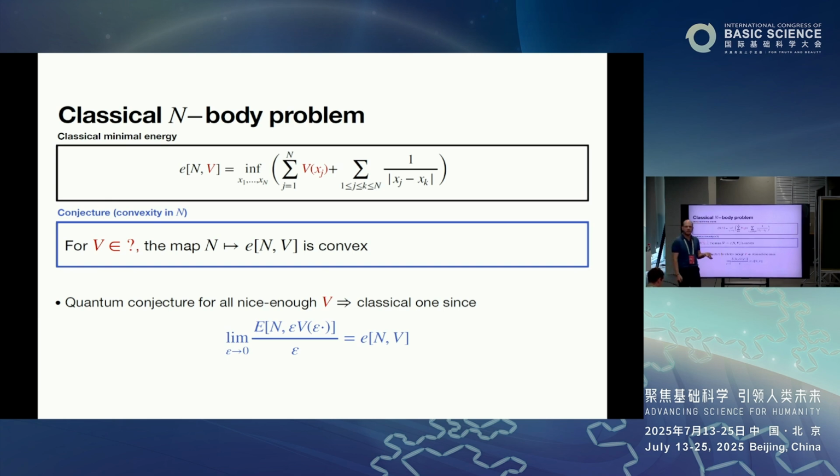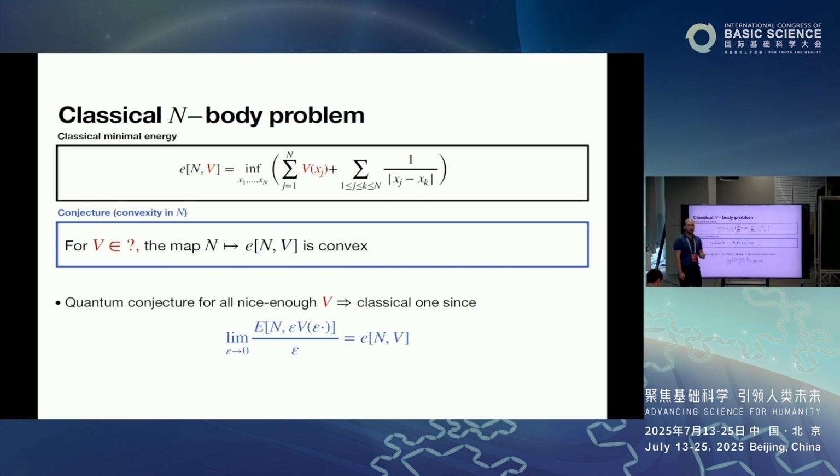And so instead of looking at what happens in the quantum world, we go to the semi-classical limit, we look at what happens in the classical world, we try to use optimal transport, and then if we manage to prove something about this convexity conjecture in the classical case, we go back to the quantum setting.